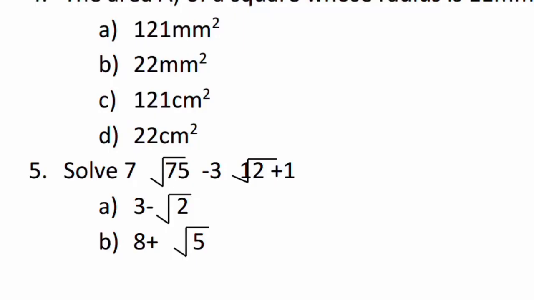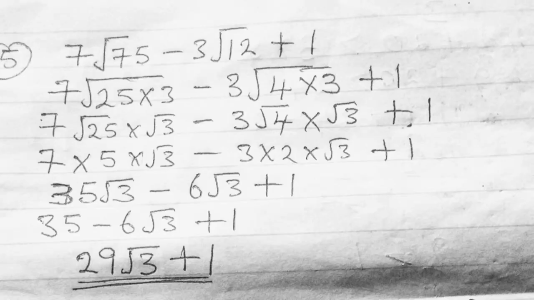Next question. It says solve 7 root 75 minus 3 root 12 plus 1. So let's look at the question and see how we're going to solve it. We have 7 root 75 minus 3 root 12 plus 1, which is 7 root 25 times 3, because one has to be a perfect root while the other one is not a perfect root, minus 3 root 4 times 3, so one has to be a perfect square, which is 4, times 3, plus 1.